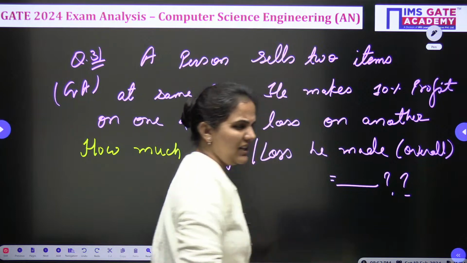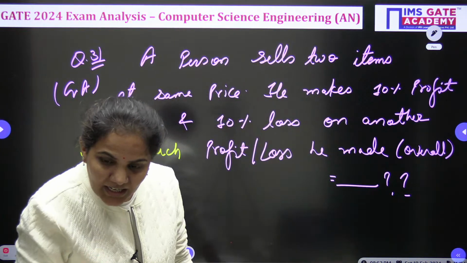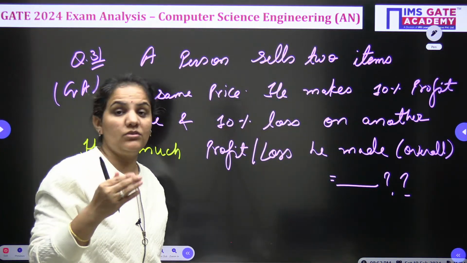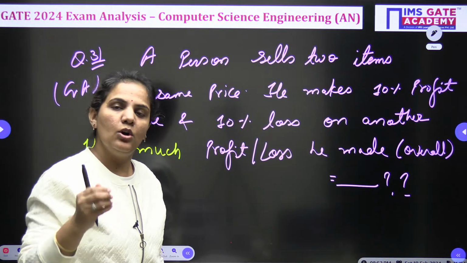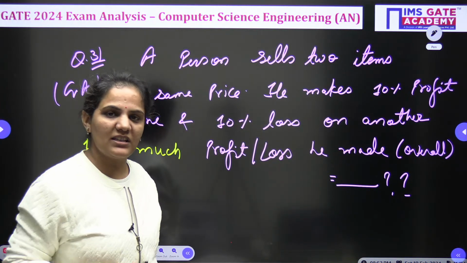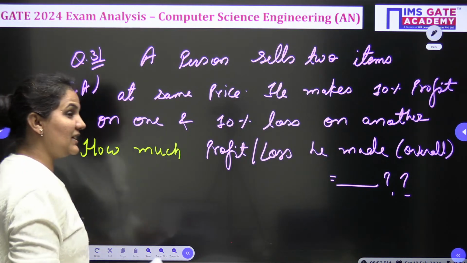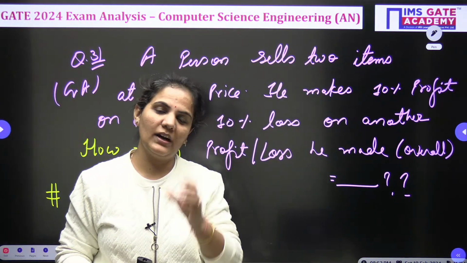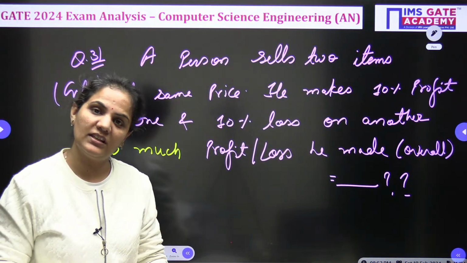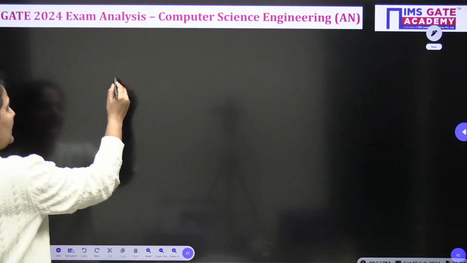Let's solve the question in one line. Dear students, if you learn from me, you will definitely solve this in a single line. Why? Because this question is nothing but percentage increment and decrement.